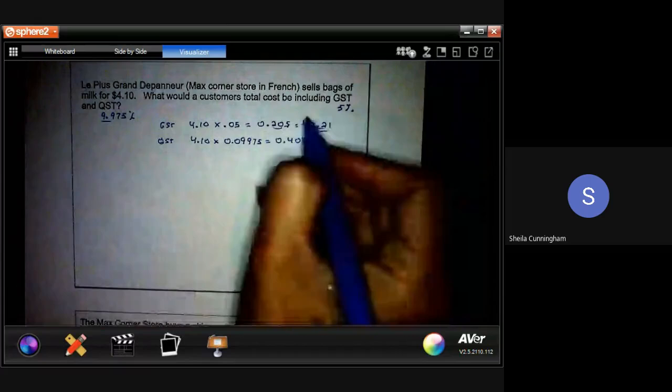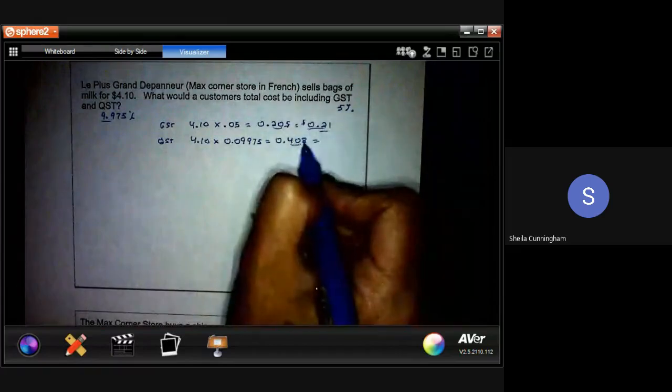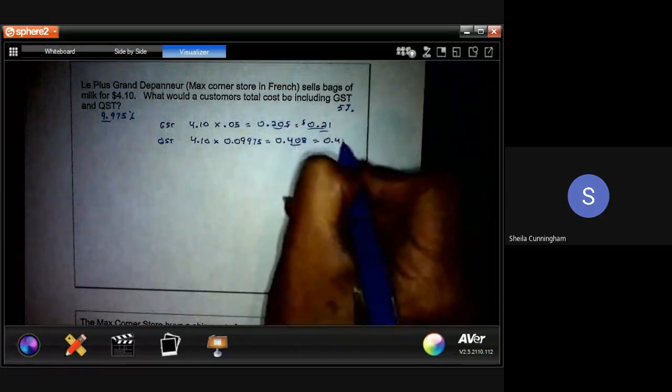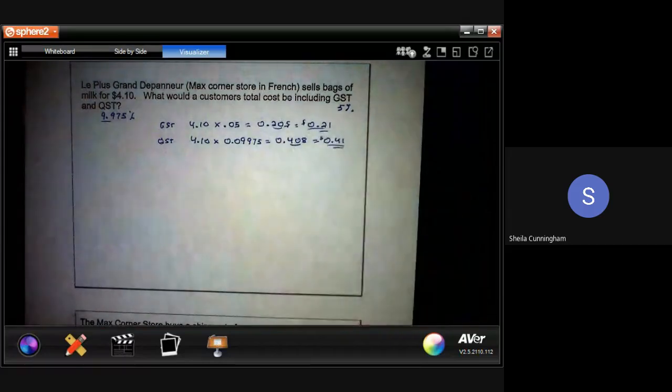So if I want to make sure I'm dealing with 2 decimal places here, again, the third decimal is larger than 5, so that's going to bump this 0 up 1. That means I am going to have a tax of 0.41, which is 41 cents.